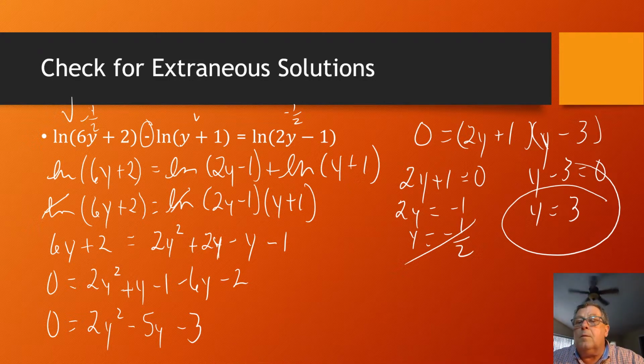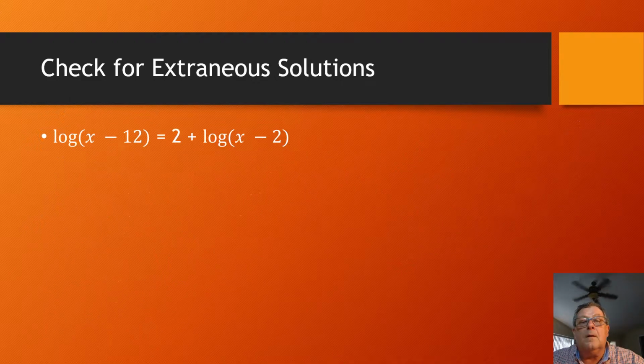Well, let's do one more. All right, so this time I've got the common log of x minus 12 equals 2 plus the common log of x minus 2. Of course, the common log is based on base 10. So let's see. Well, let's exponentiate this thing.